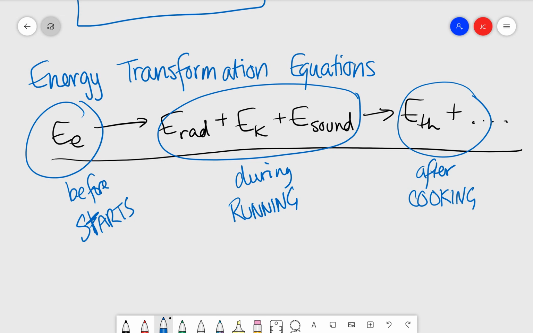And then there's E-sound, which is the sound that I'm sure you all know a microwave produces. And then finally, when it's cooking, you're going to get this thermal energy, which is clearly the heat, which is cooking the pizza. So this is how an energy transformation equation works. It's basically that simple, but you might need these a little bit to understand how systems work. And it's always a good idea to make them if you're ever confused about what to do in a question.